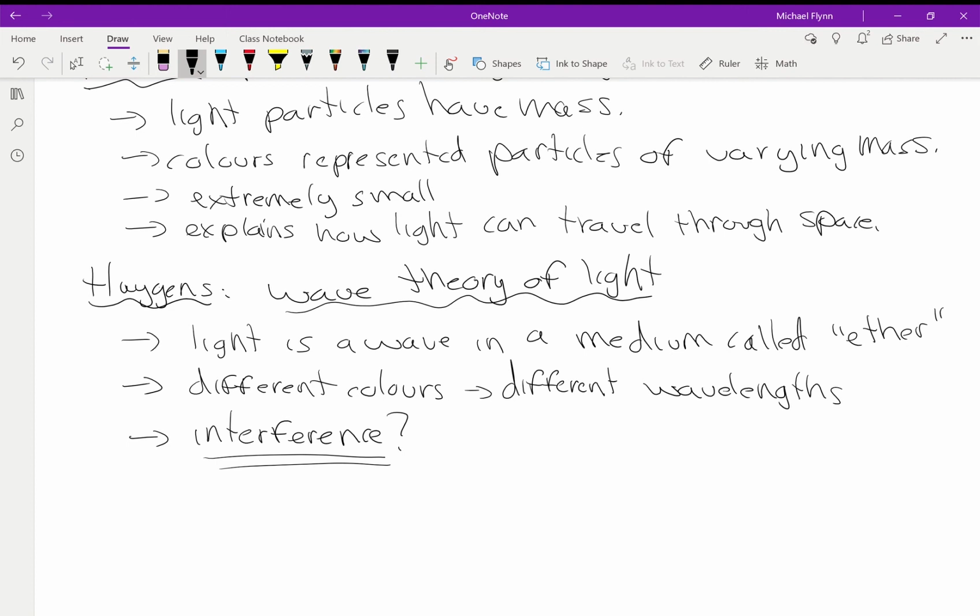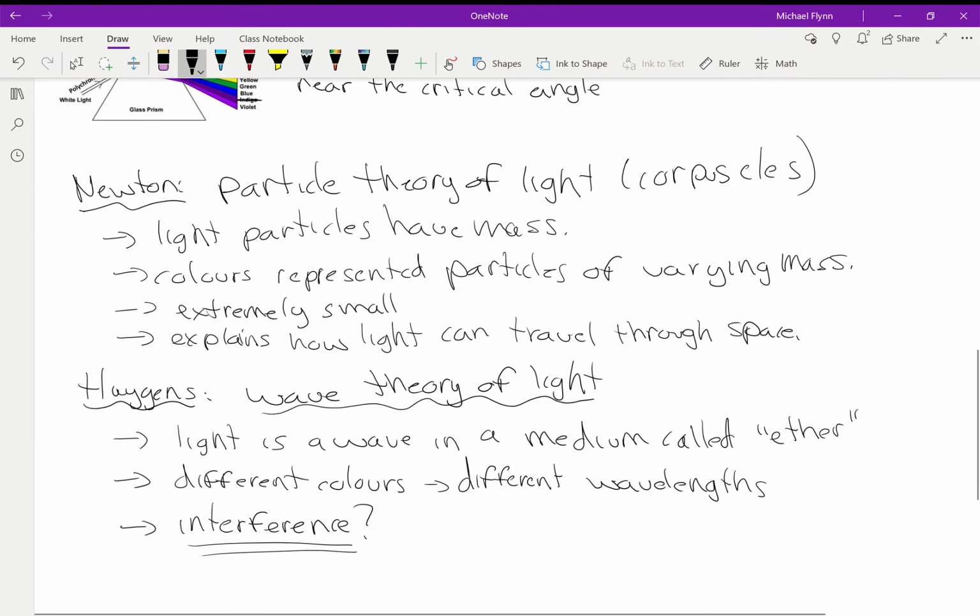The story is really a great story, so you'll see how it plays out. In the next lesson that I'll give later this week, we'll show how evidence came to light, pardon the pun, in the 1800s that basically proved that Newton was wrong and Huygens was right.